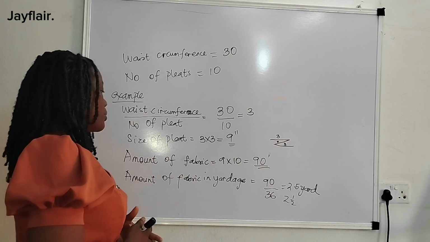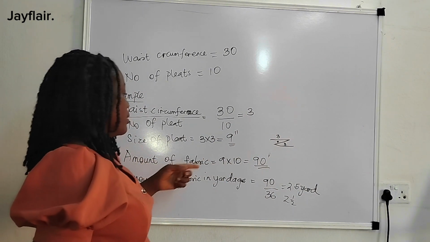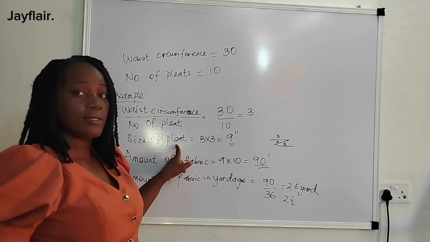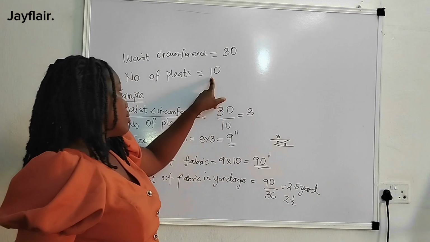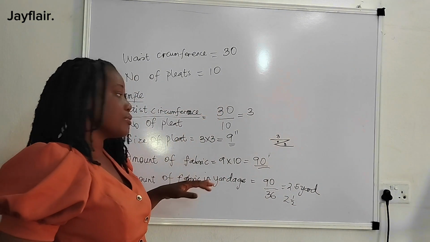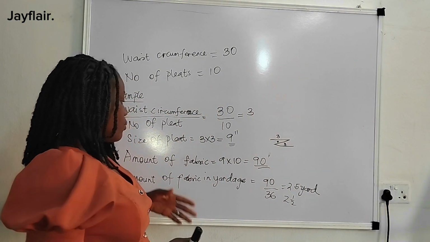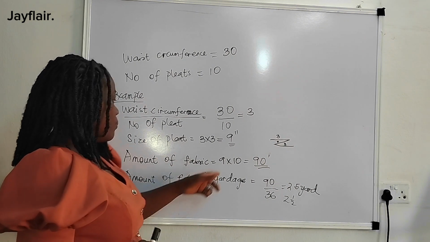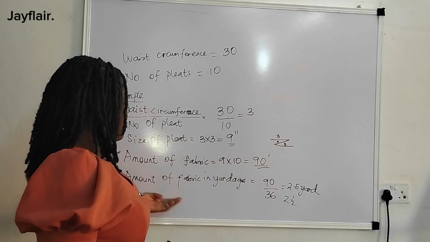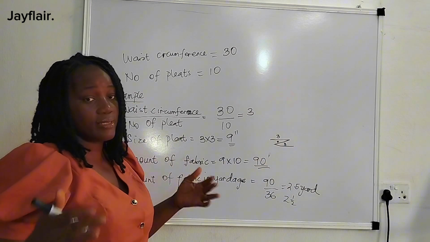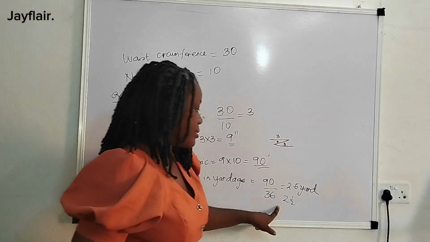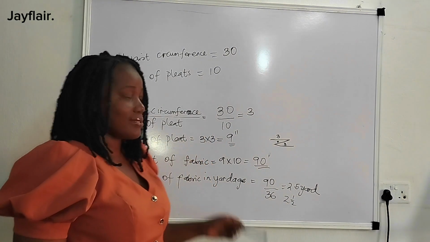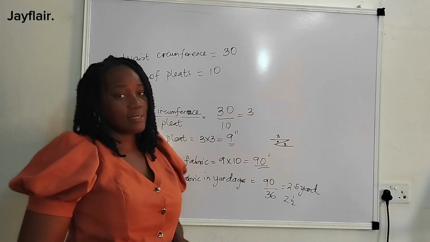Then the amount of fabric will be the size of pleats multiplied by the number of pleats that you need for the skirt or the dress you are making. So 9 times 10 is 90. And if you want to calculate it in yards, it will be 90 divided by 36, which is 2.5 yards. So it's as simple as this.